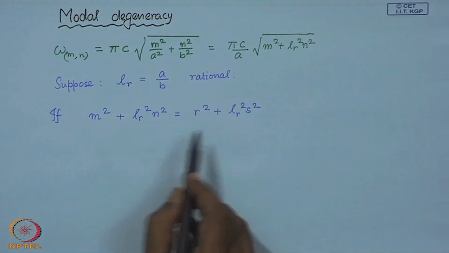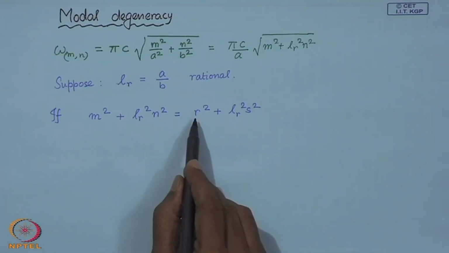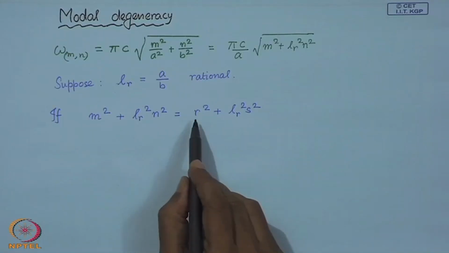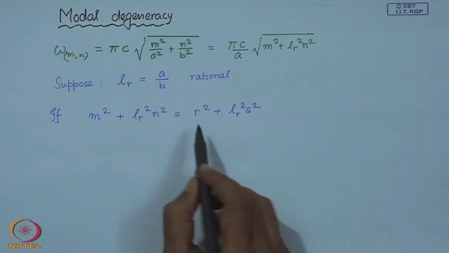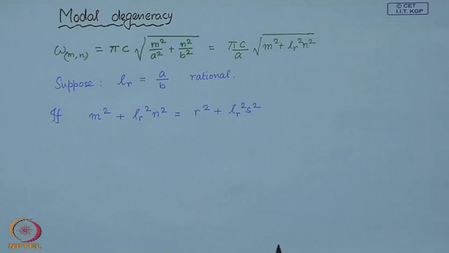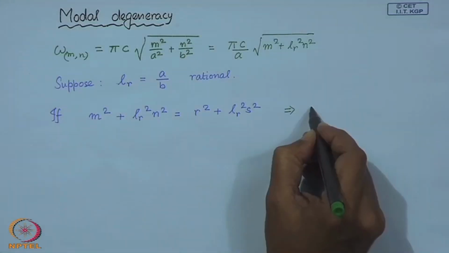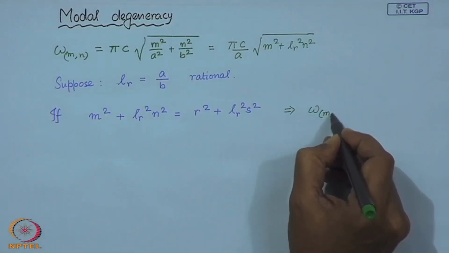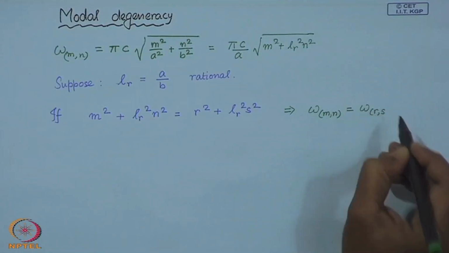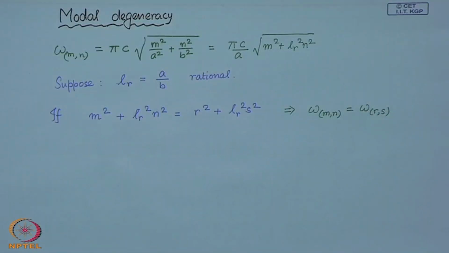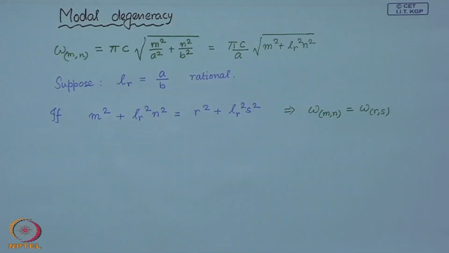Now, for a given m n, if there exists another mode with r and s such that these are equal, in that case we have two identical circular eigenfrequencies.